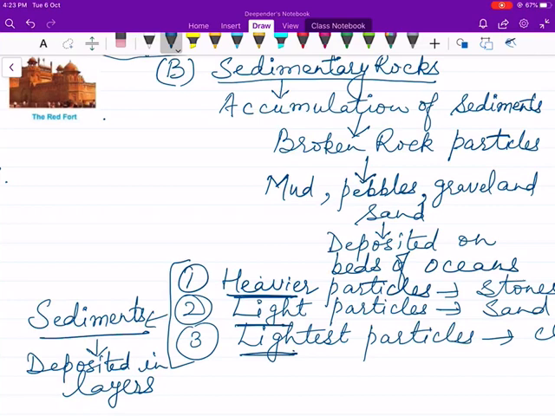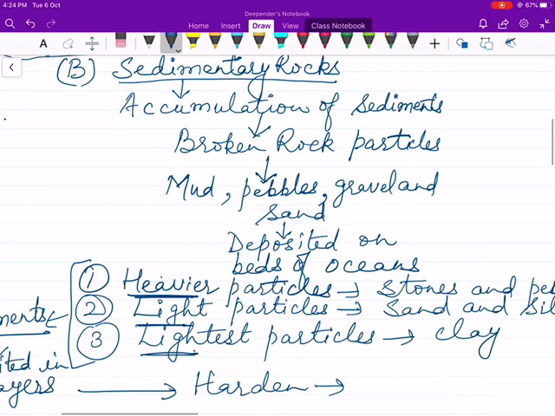और जो weight होता है, that is of the top layer, सबसे ऊपर वाली layer का जो weight होता है, वो नीचे वाली layers को press down, pressure डालता है lower layers पे, जिसकी वजह से जो layers होती हैं they harden, and then finally the sedimentary rocks are formed.